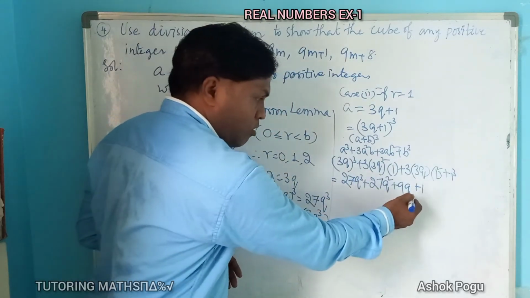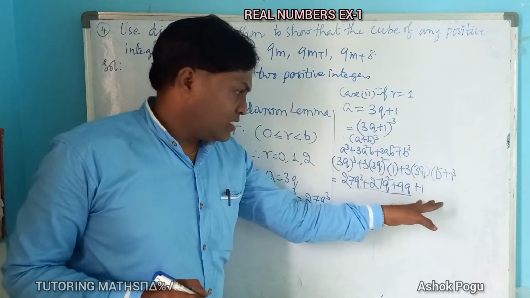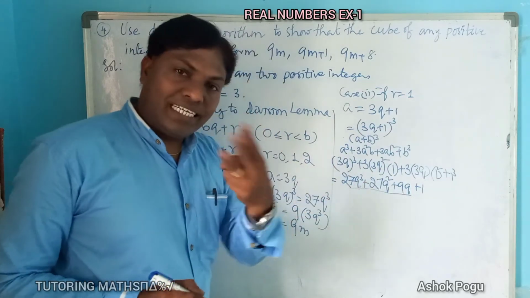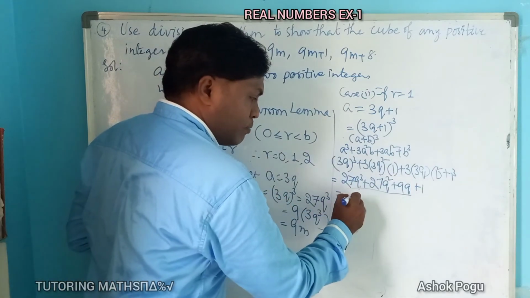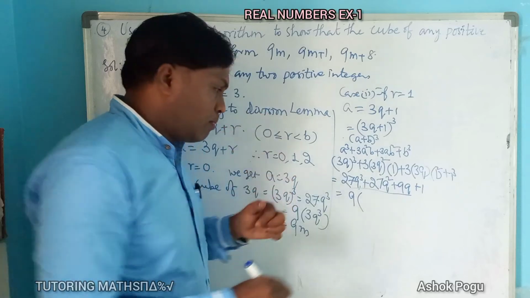Now observe all the values, the first 3 values. In this we have got 4 results, and the first 3 terms are all multiples of 9. Take 9 as common factor.